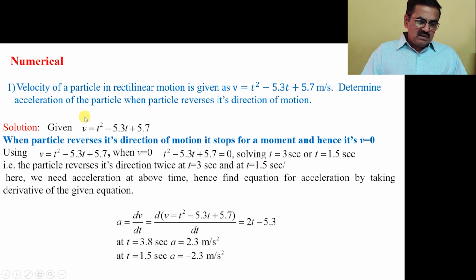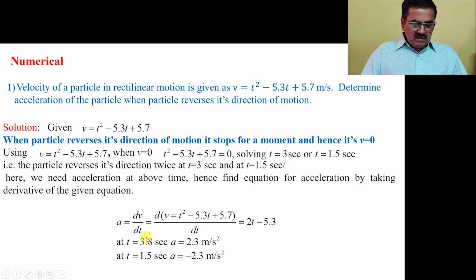Therefore let us develop an equation in terms of a and t, that is acceleration and time t. So simply taking the derivative of the given equation, a is equal to dv by dt, we can write a in terms of t: 2t minus 5.3. And thus at t is equal to 3 seconds, a is equal to 2.3 meter per second square, and at t is equal to 1.5 second, a is equal to minus 2.3 meter per second square.